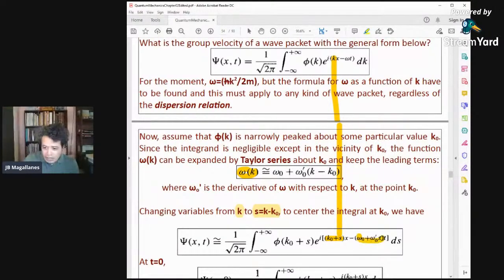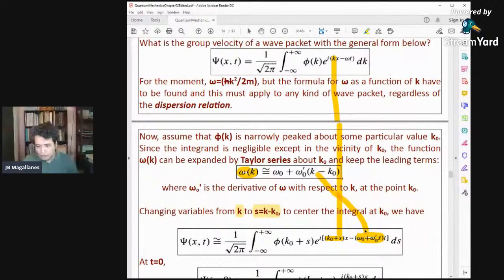as this one. This omega sub 0 here is the derivative of omega with respect to k evaluated at k equals 0, times k minus k0.